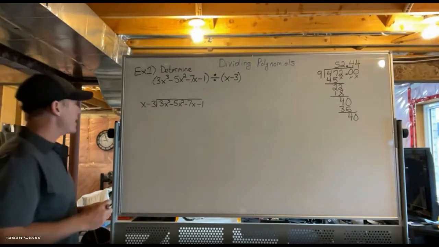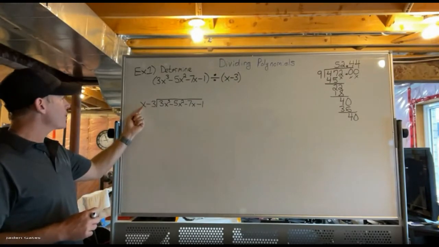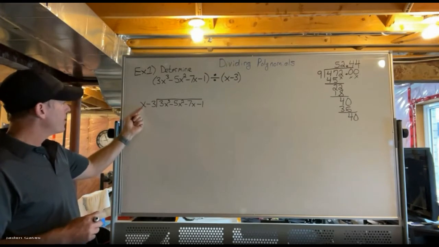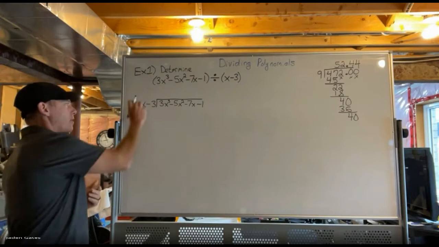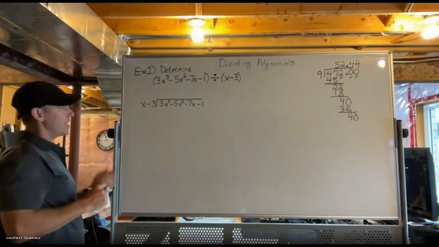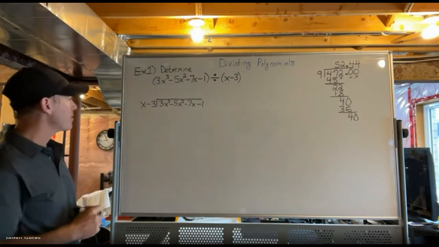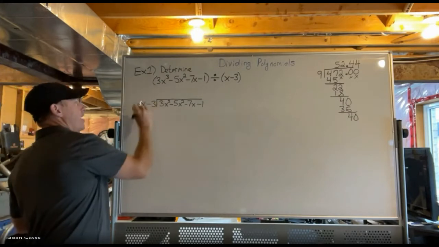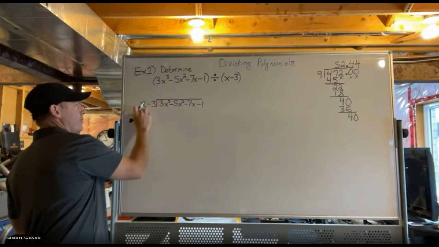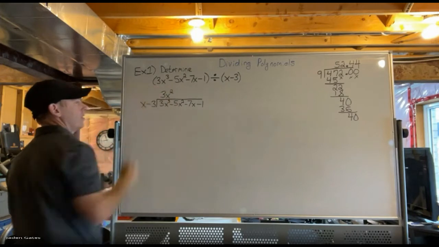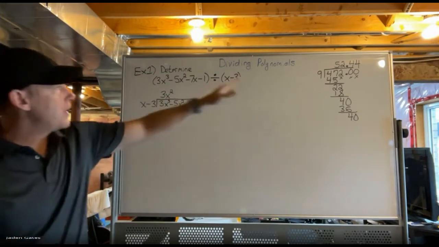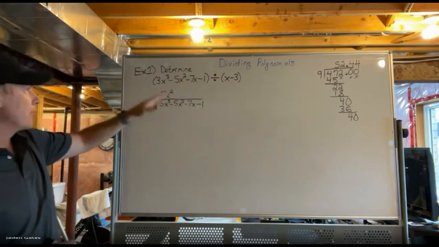Now, what I'm looking at is how would I get from x to x cubed? What could I divide 3x cubed by, or take 3x cubed and divide it by x? In fact, if I took 3x cubed and divided by x, I would get just 3x squared. Now I'm going to repeat the process that I did in my long division with numbers.